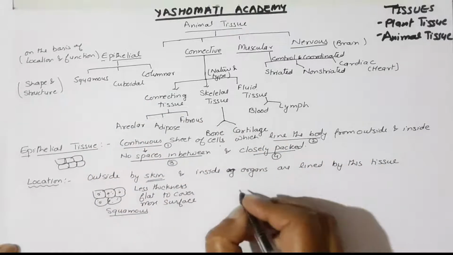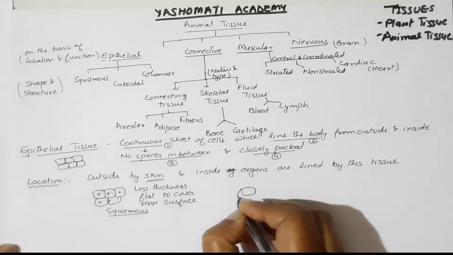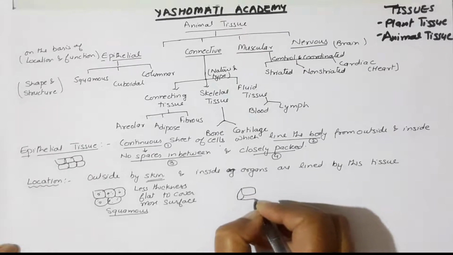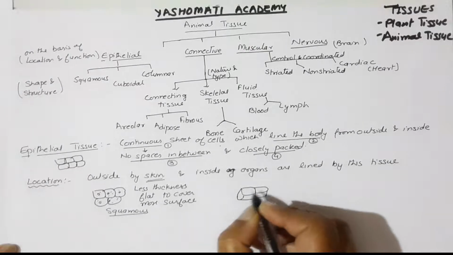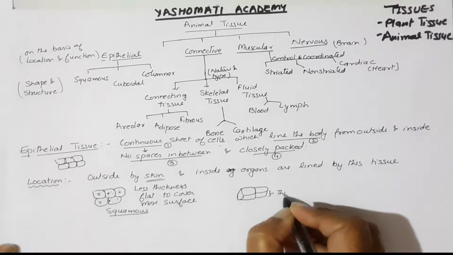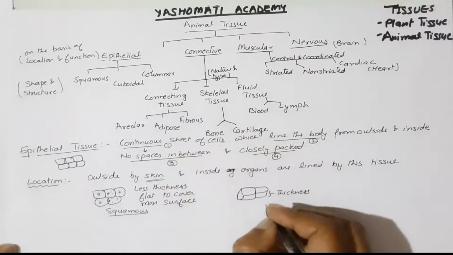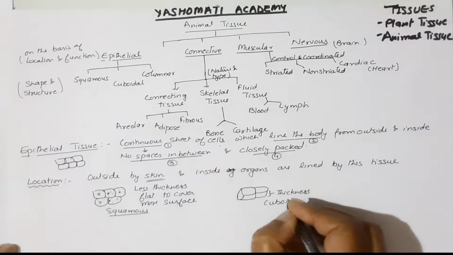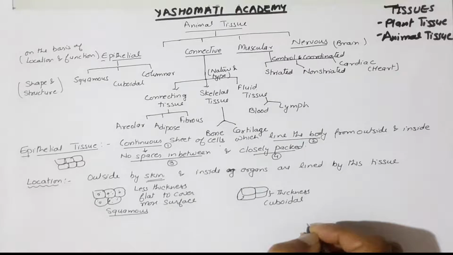And cuboidal means if they are thicker, that means they are having some thickness also, then they will be forming the cuboidal tissue. So they will be found in those organs where the lining has to be thick.